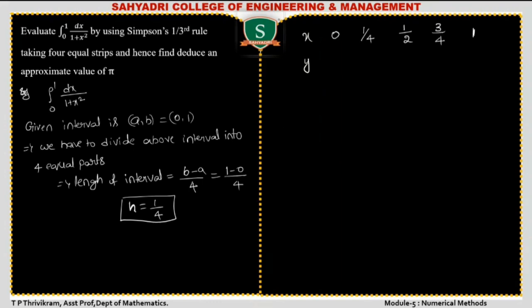Now what is y? y is the integrand, 1 by 1 plus x squared. Substitute 0: 1 by 1 plus 0 is 1. Next, y at x equal to 1 by 4 is 1 divided by 1 plus (1 by 4) squared, which is 0.25.